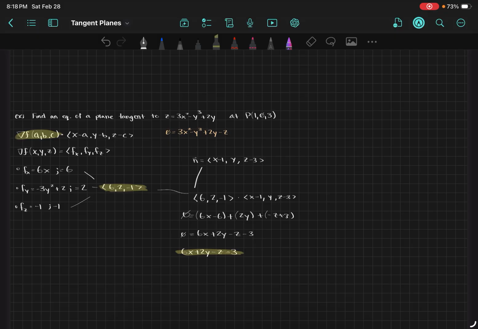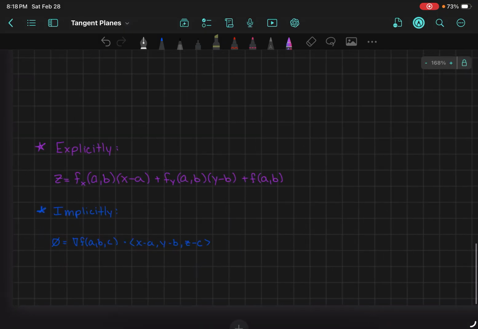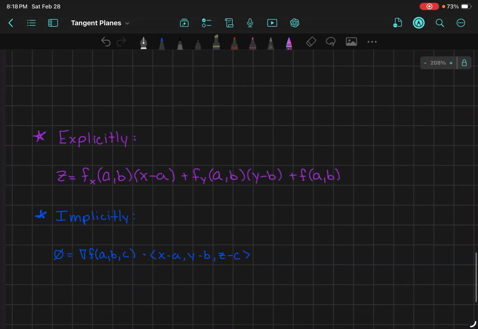Explicitly, could we have done it? For sure. I just question whether or not it would have been more efficient. Let's go down here to our explicit definition. I pre-wrote it out because these are the two things I really want you to take away from this video. Perhaps you may not have grasped exactly what a tangent plane is or why we're doing it, but at the very least you should understand how.